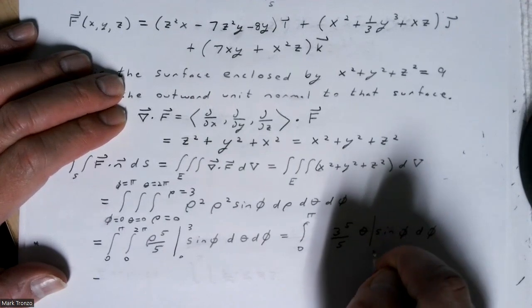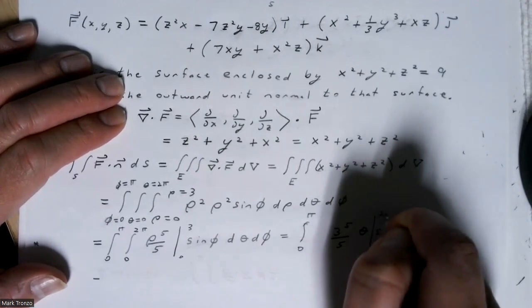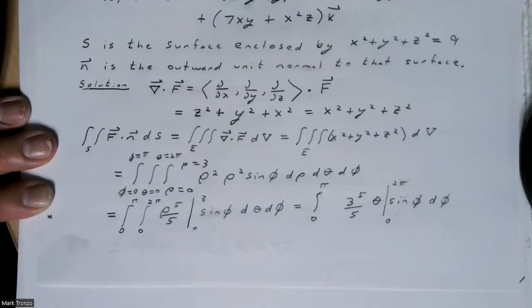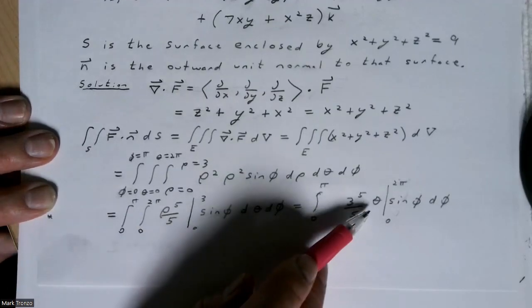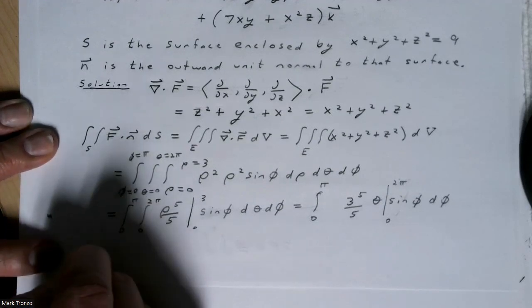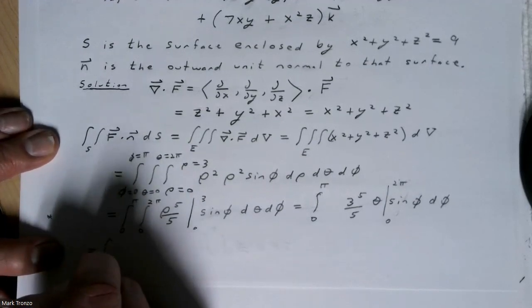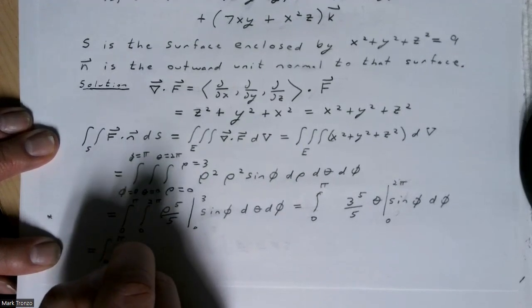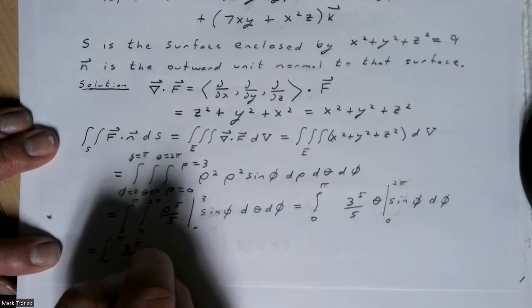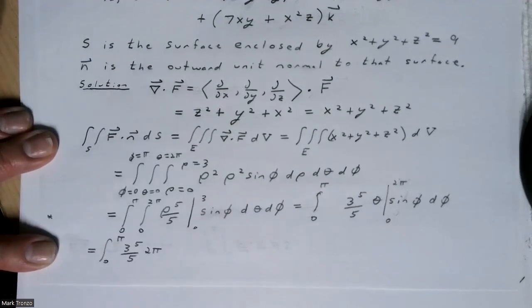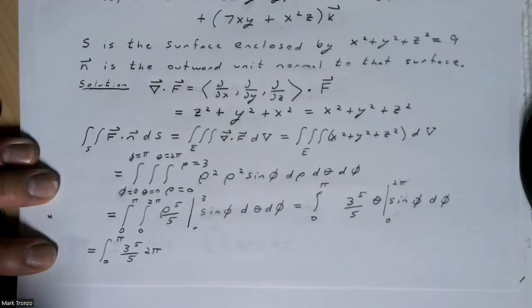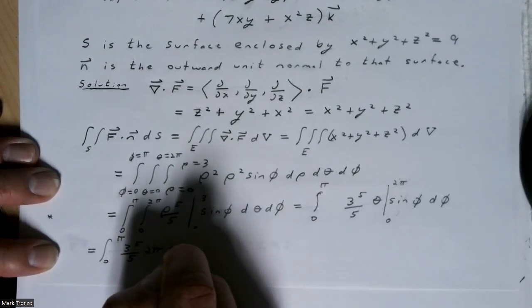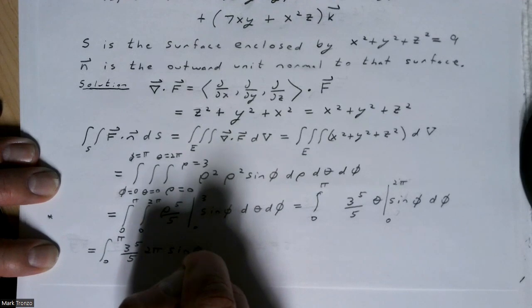And this theta will be evaluated from 0 to 2 pi. Then we'll put 2 pi in here. And minus the lower bound, which is 0, so that'll go away.